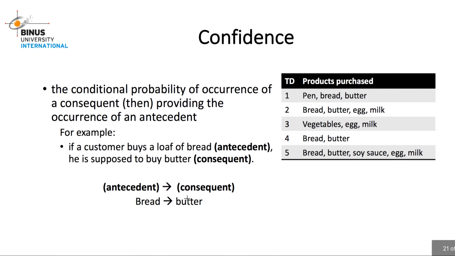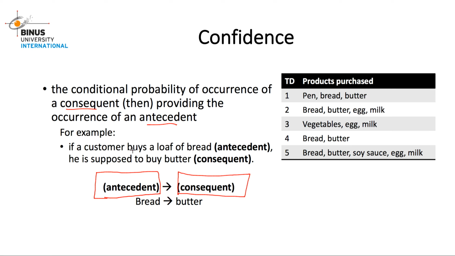Now, how about the confidence? This is the conditional probability of occurrence of a consequent, given the occurrence of the antecedent. So what is antecedent? What is consequent? The antecedent is the first event, and the next event is called the consequent.